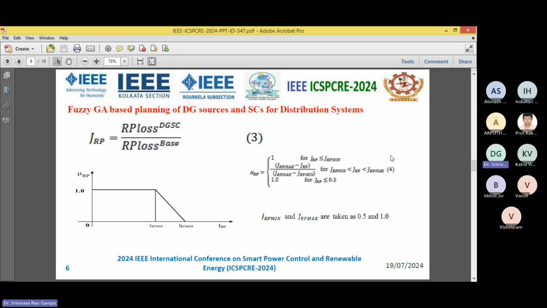We have designed a fuzzy membership function such that if the loss is below 50% of the base case, it will have the highest membership. If the loss is above 50%, then it gradually declines and ultimately becomes 0. So for the first parameter, we consider loss.